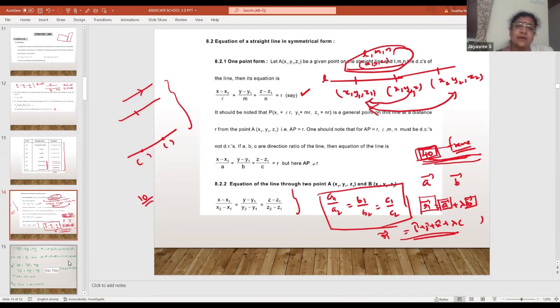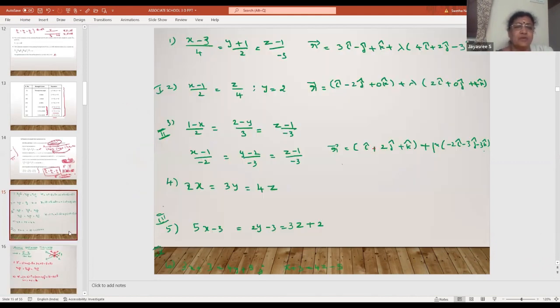So 10 children will understand this part, and the remaining children, how will I go about it? I divided the concept into the standard form of the equation, the standard form of the straight line. After explaining what the standard form is, the coefficient of x, coefficient of y, coefficient of z should be 1. If it is not, it is not in standard form. In the full 3D chapter, I don't touch the reference book at all, because we can frame our own equation, except for the foot of the perpendicular.